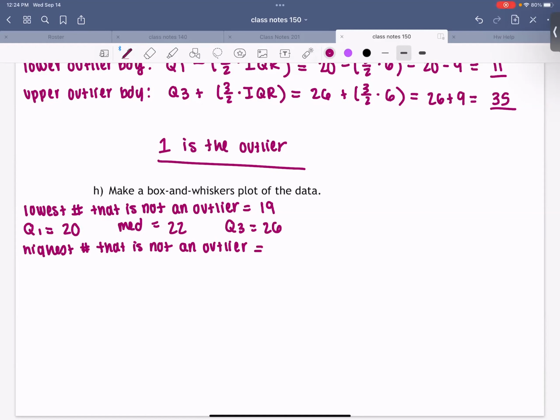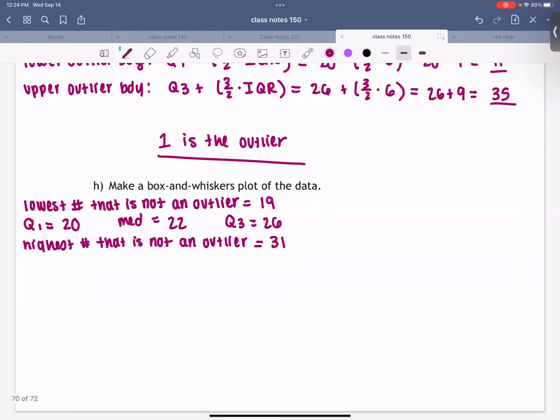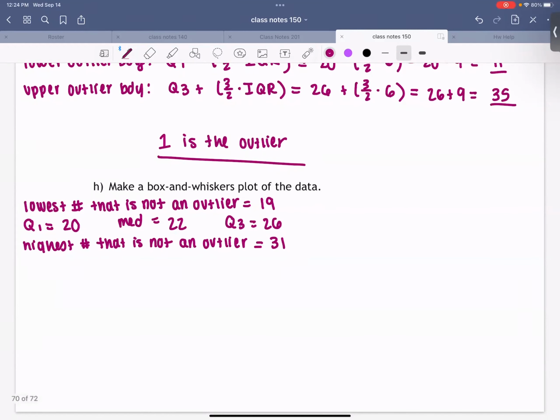What's that number? 31, good, because it's really big, and there's no outliers that are bigger than that. And I don't know why this mouse is right on the number. Okay. So I kind of organized my information. The outlier up top and all these numbers underneath letter H. This is all we need to know to make this box and whisker plot.